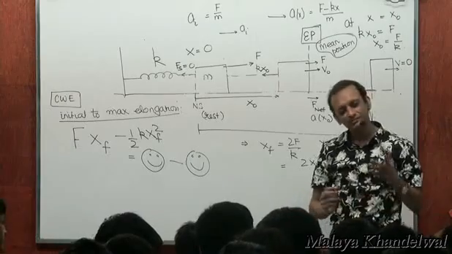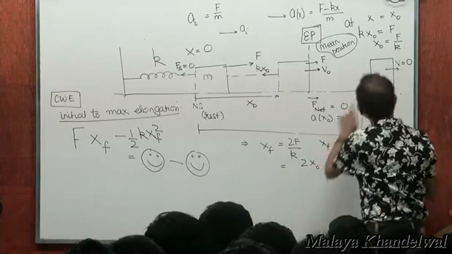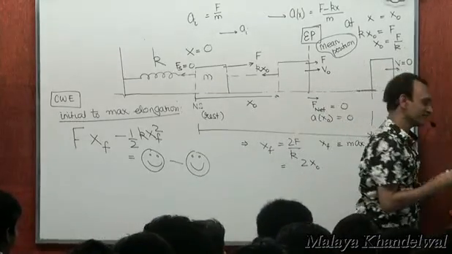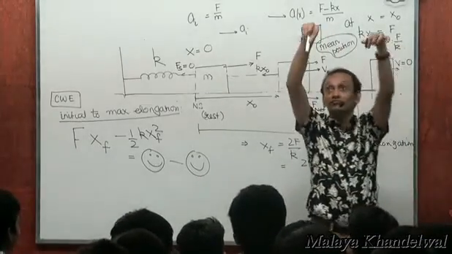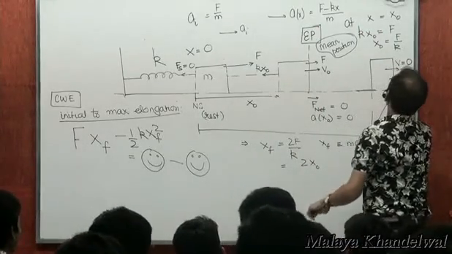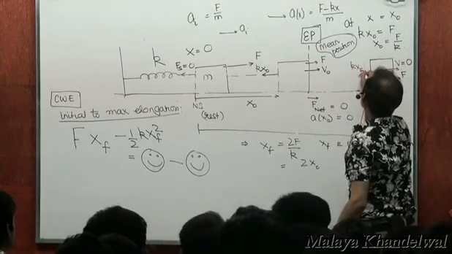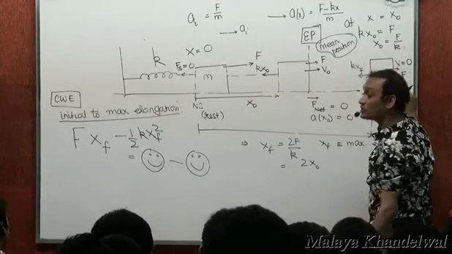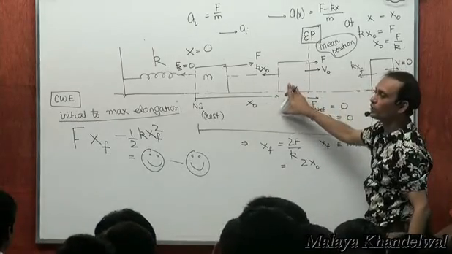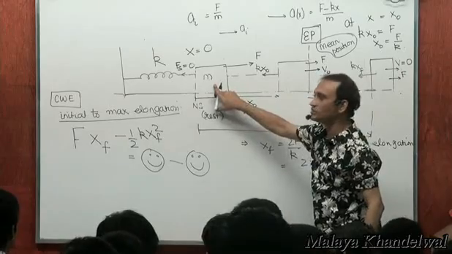So what will happen after the last position? It will come back, yes, because this is F and this is k xf. Velocity is 0 and k xf is larger than F, so it will move leftwards. So it will again reach the equilibrium position.